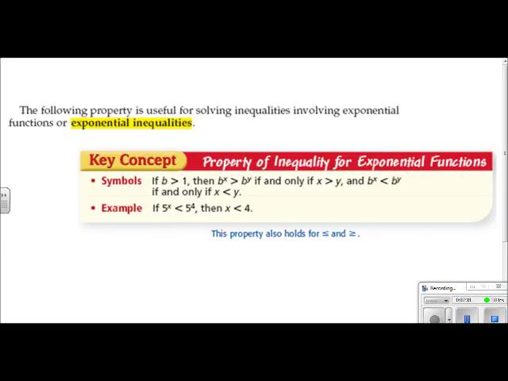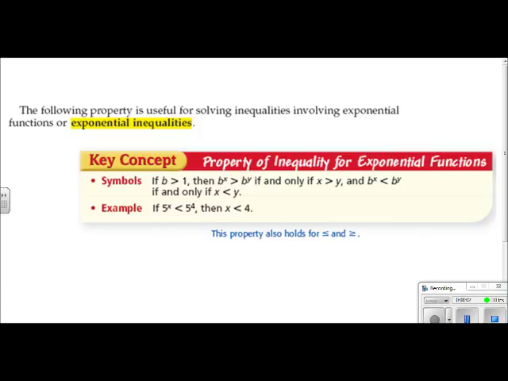Pretty nifty. So now we have some more properties here, if we're looking at exponential inequalities. So if b is going to be greater than 1, then b to the power of x is greater than b to the power of y if x is greater than y. And b to the power of x is less than b to the power of y if x is less than y.